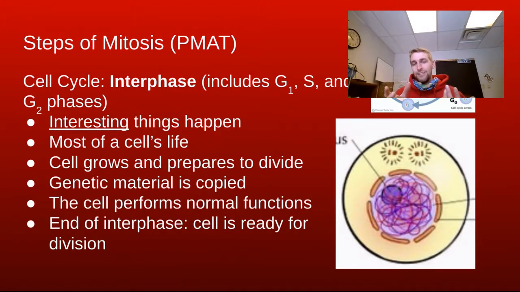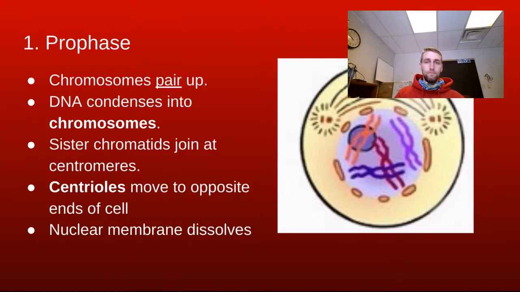How interesting these things are, you can determine that. It's just a little thing that might help you remember it. But this is most of a cell's life. The cell performs its normal function, grows, and prepares to divide. The DNA is copied during the S phase, and at the end of interphase, we are ready to start mitosis.